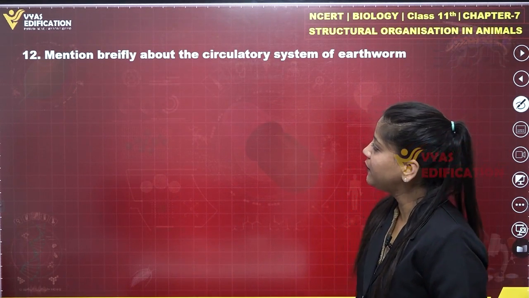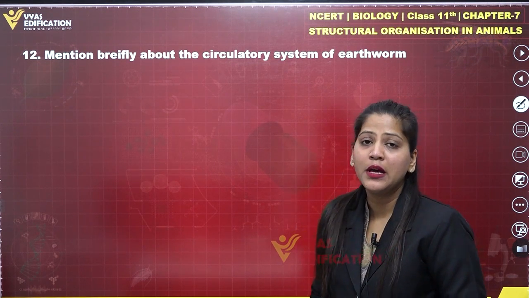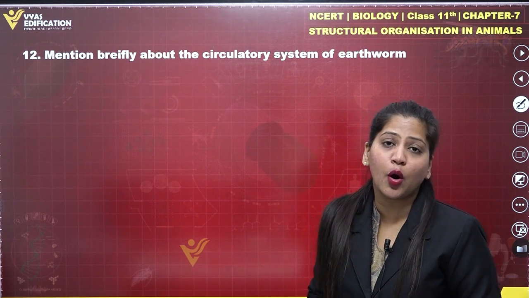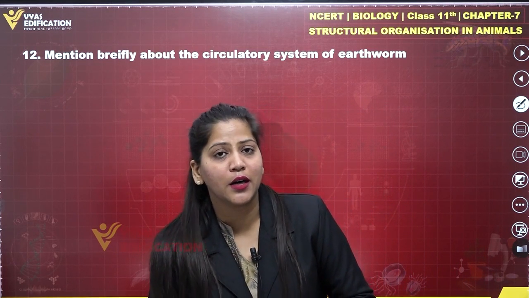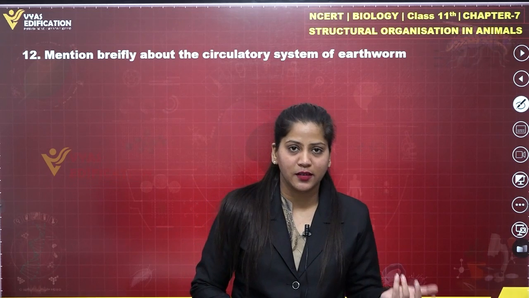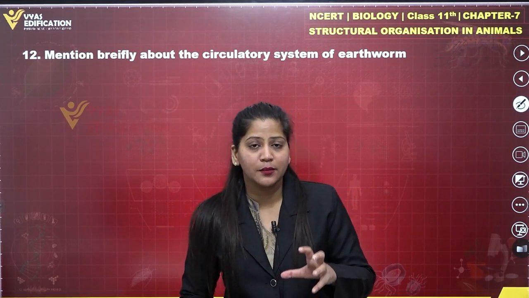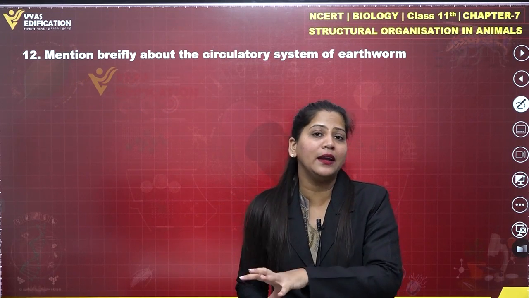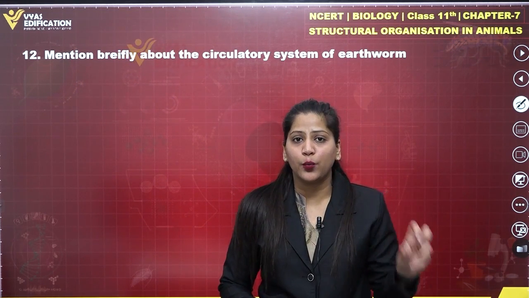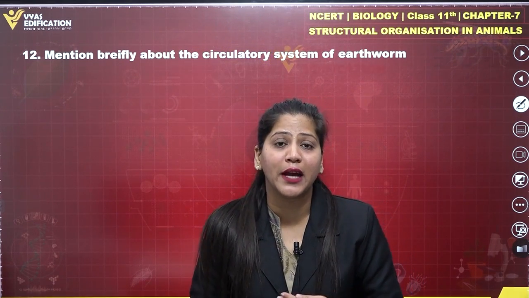In question number 12 we have to mention briefly the circulatory system of earthworm. First of all, earthworm has a closed type of circulatory system. That means the blood is flowing in the blood vessels and the organs are not in direct contact with blood.